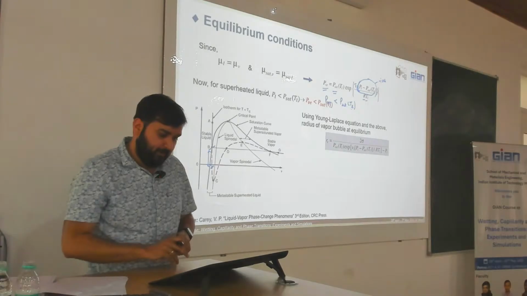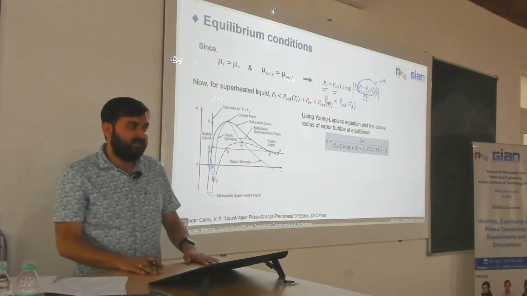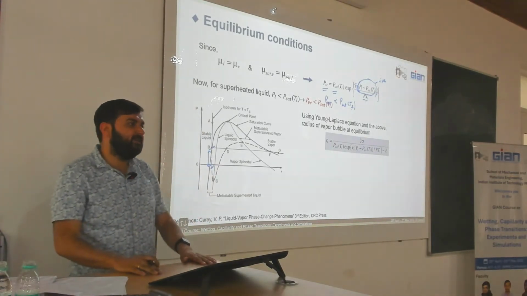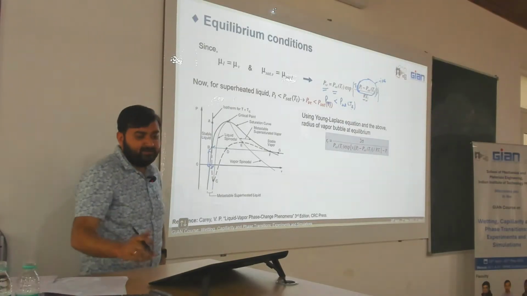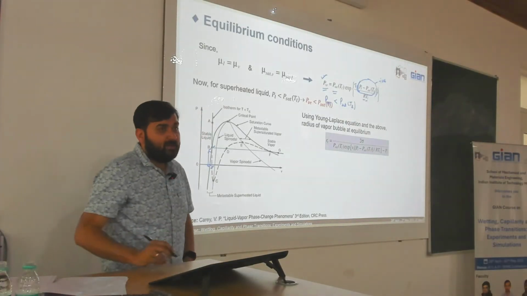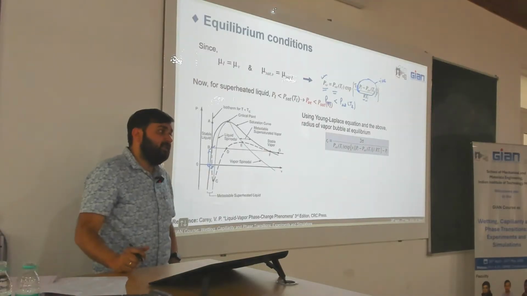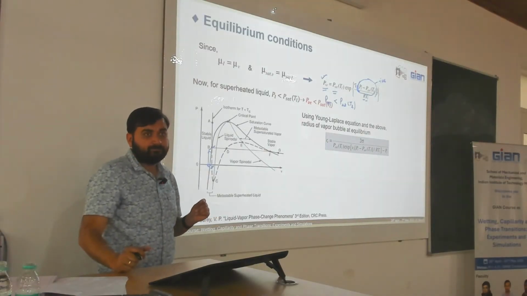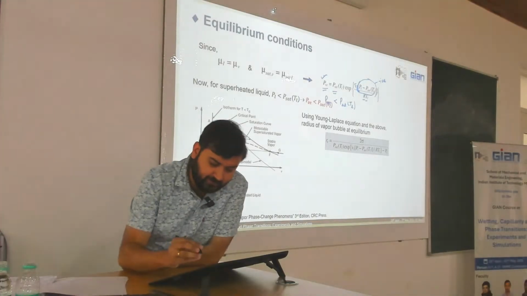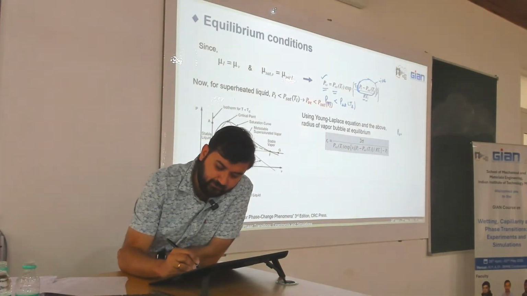Now next is using the Young's Laplace equation, which is PVE minus PL is equal to 2 sigma by R, and then this expression for PVE, we can find the bubble radius at equilibrium. So using this, we can simply use PVE minus PL is equal to 2 sigma by R at equilibrium.